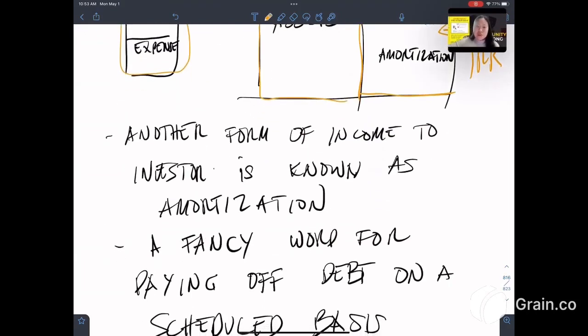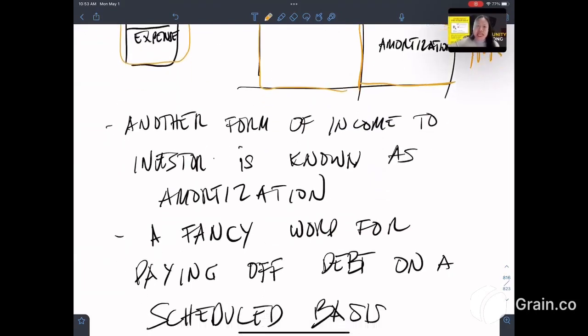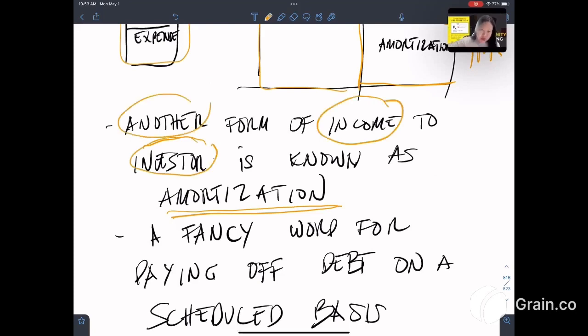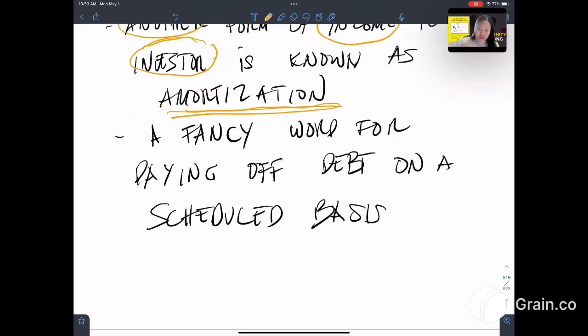Another form of income to investors is known as amortization. Remember, it's an investor and it's another form of income. So these are the key words: another income for investors, also known as amortization. Amortization is a fancy word for paying off debt on a scheduled basis.